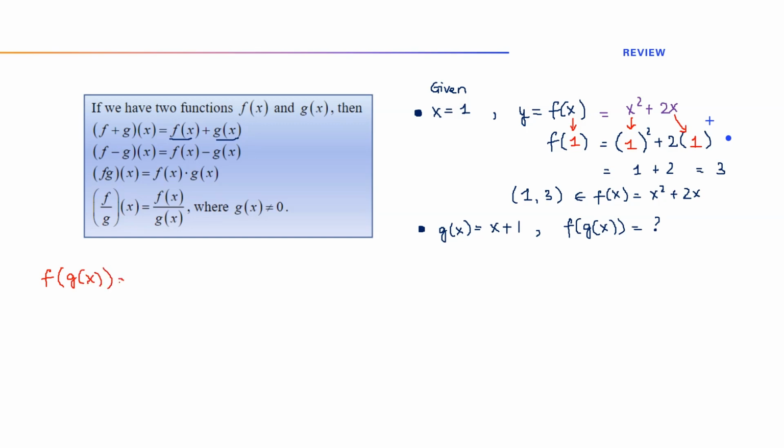we write it like that, the composition of f and g of x. And remember, the function outside represents the first position right here, and the inside function will be the second spot right here.